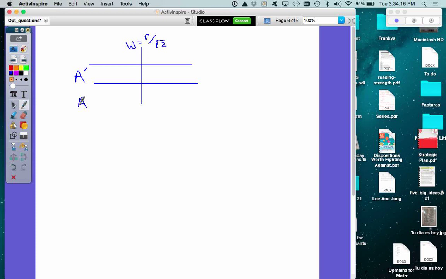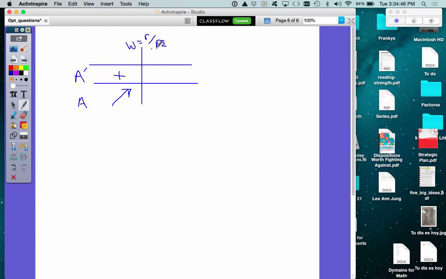I know that w is allowed to go to the left of r over 2 all the way back to 0, and as it gets closer and closer to 0, a width of 0 gives me an area of 0. And I know that there are rectangles bigger than that. So I know that therefore this cannot be a minimum because it's going to be smaller over here. So I know that this is getting bigger as we move into it, so this must be a positive because this must be going up.